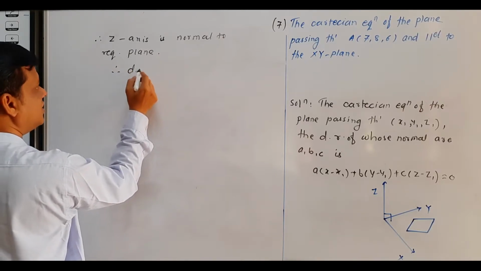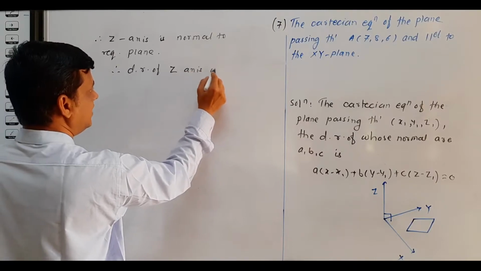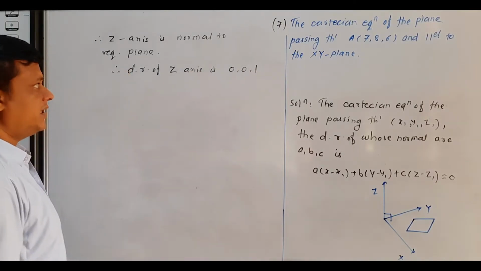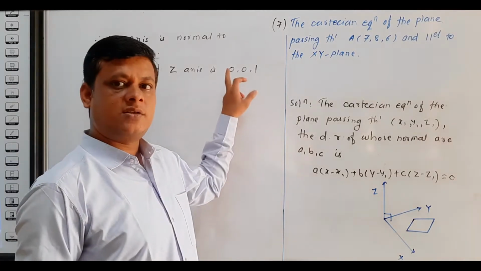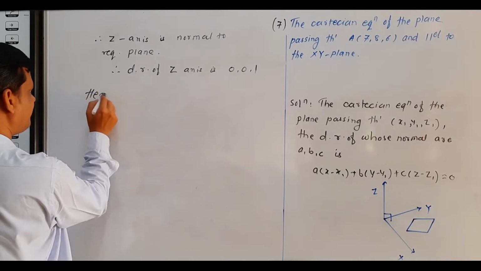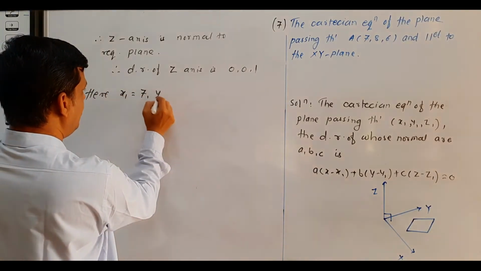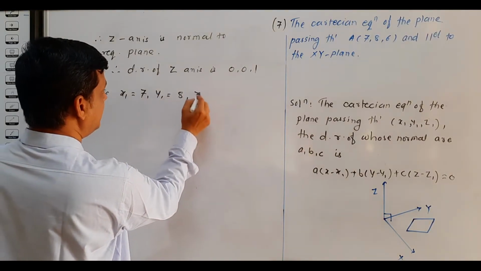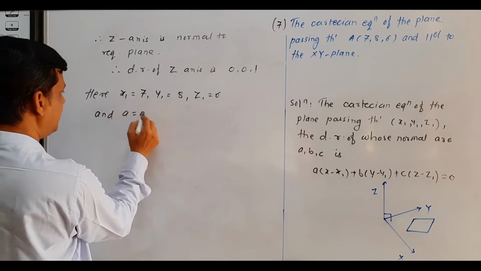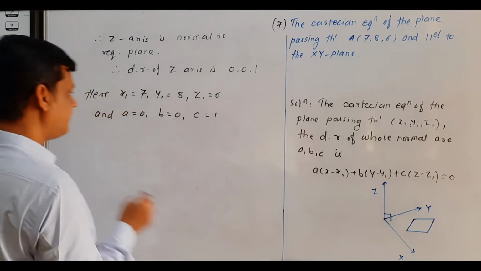Therefore direction ratios of z axis is 0, 0, 1. That means the direction ratio of normal is 0, 0, 1. So we write here x1 is equals to 7, y1 is equals to 8, z1 equals to 6 and A is equals to 0, B is equals to 0, C equals to 1.